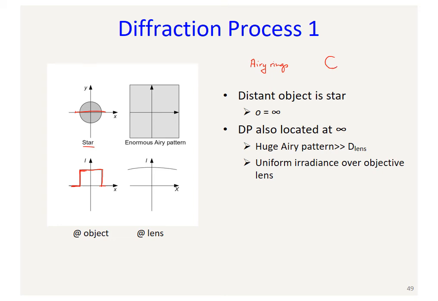We have a bright central patch and some fading rings outside of it. If I run through the x-axis here, you'll see that the intensity looks a little bit like a sinc function.